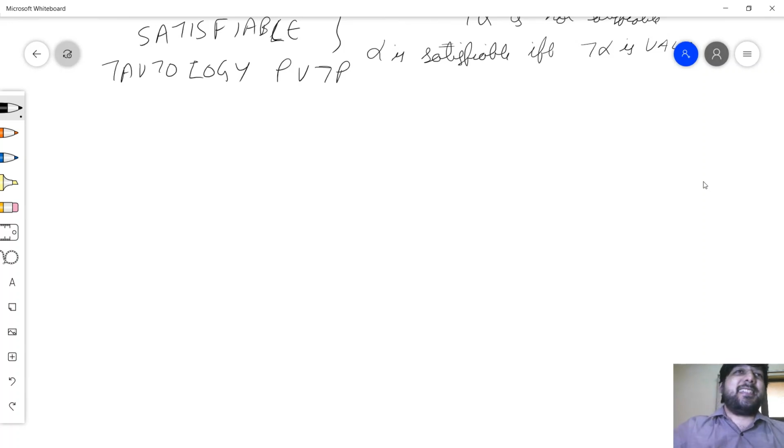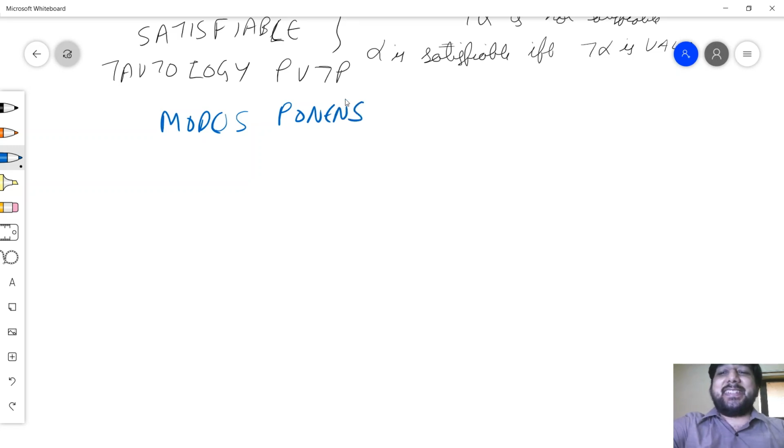Okay, so now I'll do some derivations, some deductions, and for that I will need some standard definitions, approaches. The most important one is what is called modus ponens. It's Latin, so you won't get the meaning.